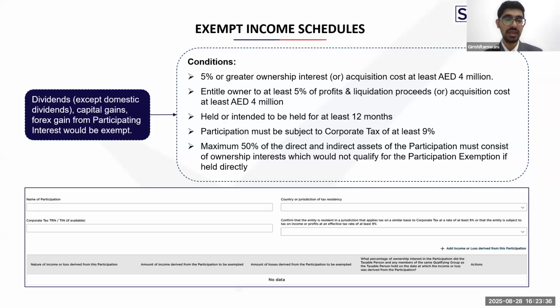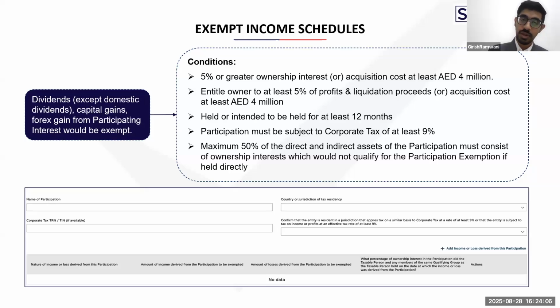Dividend here would be any dividend except domestic dividend, because domestic dividend is exempt irrespective of the participation exemption conditions, straight away, without any conditions. So if you receive any dividend from foreign companies, participation exemption becomes relevant. For capital gains, whether on sale of shares of UAE companies or non-UAE companies, you'll have to see participation exemption, or for any other gain that you derive from them.